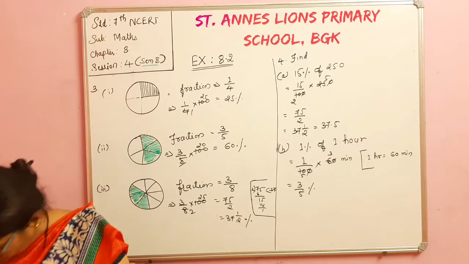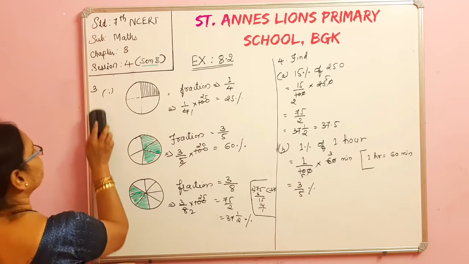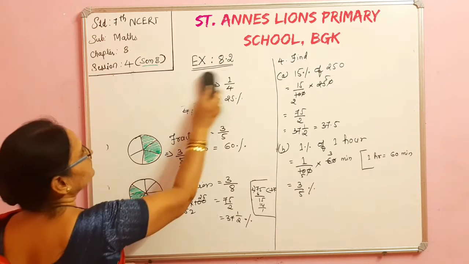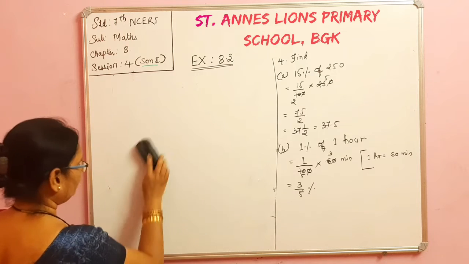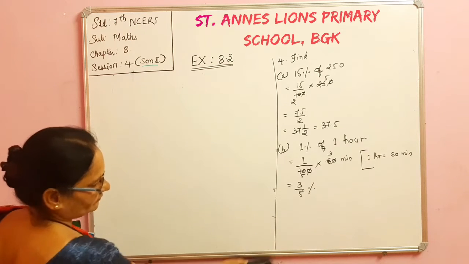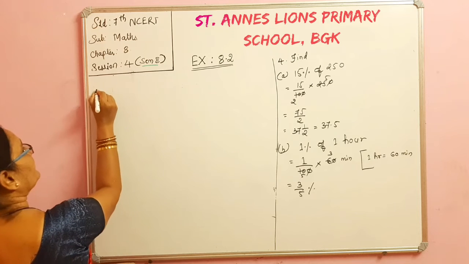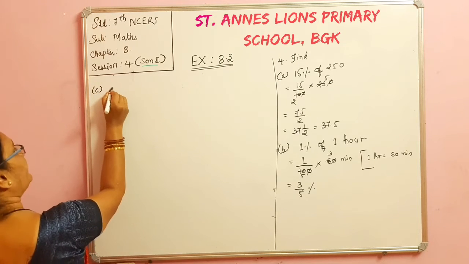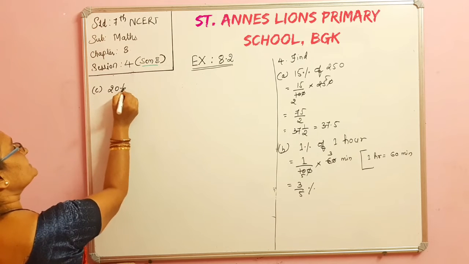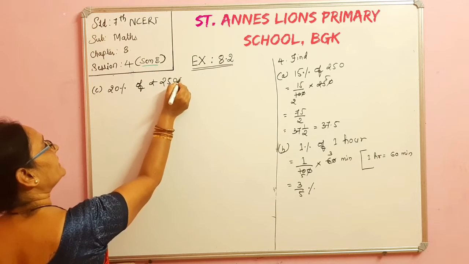The same way now we will go for the third one of the fourth main. See, what is that? 20% of 2500. 20% of rupees 2500.